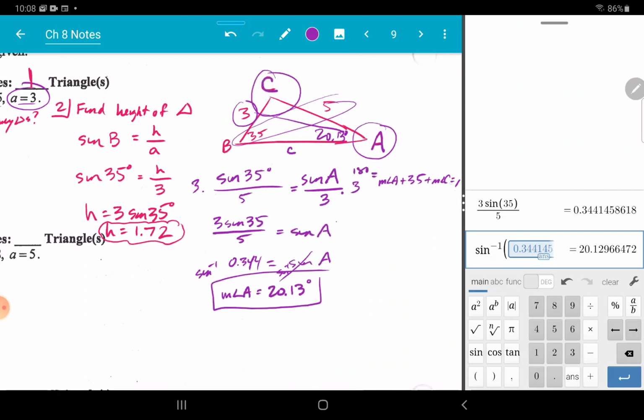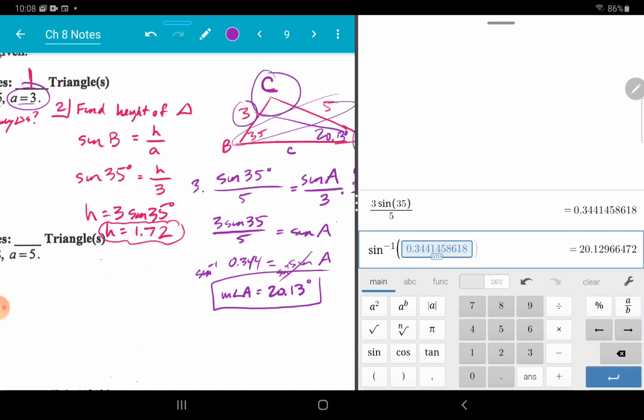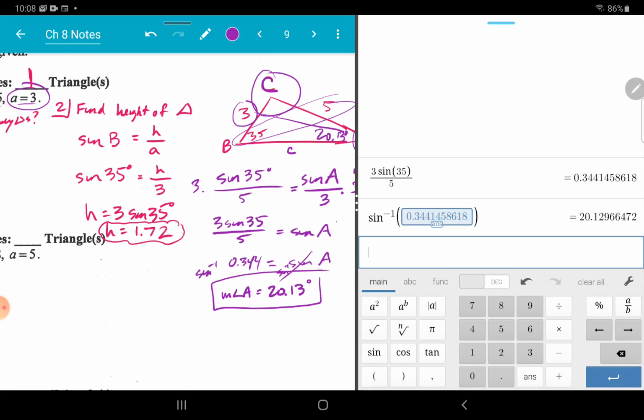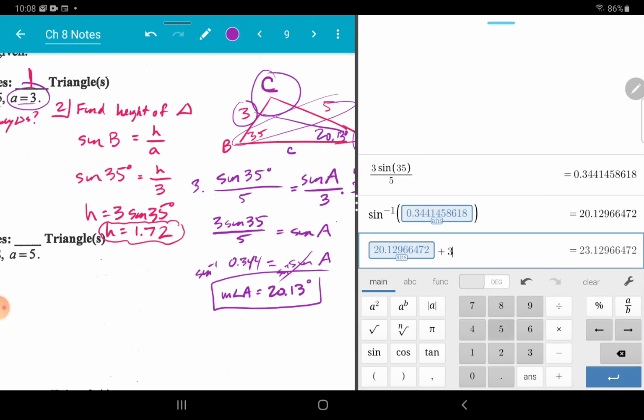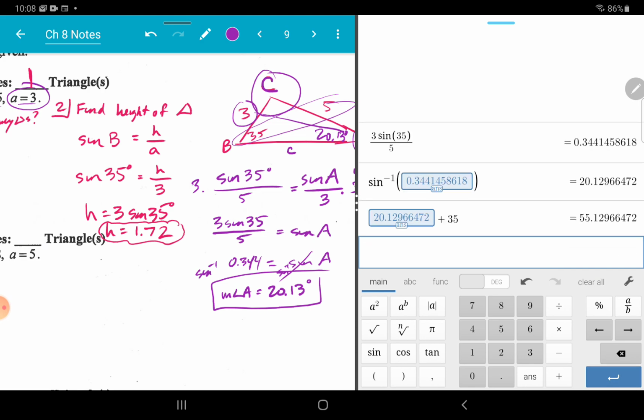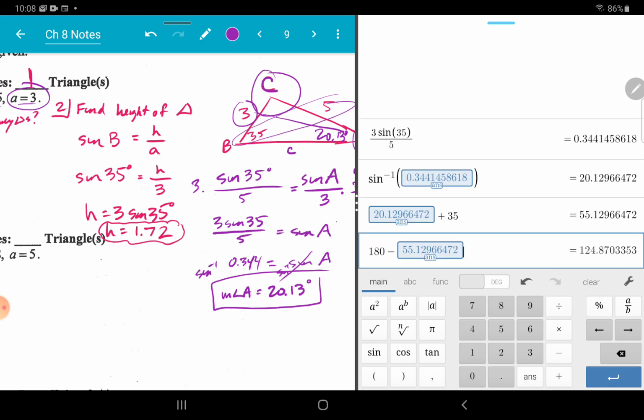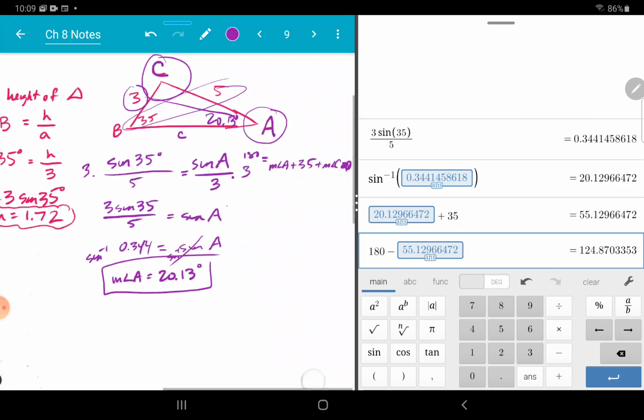We know that angle A was 20.13 degrees, so I'm going to take that value in my calculator and add it to 35. We get 55.129, and then I need to subtract that from 180. So I'm going to do 180 minus the answer there, and we get an angle measure now of 124.87 degrees.